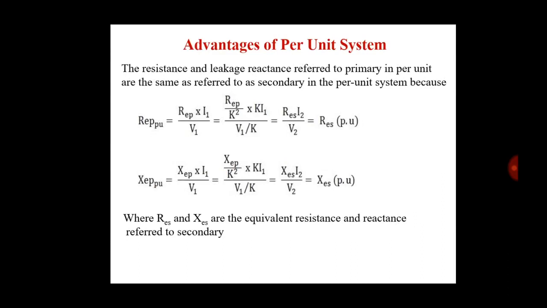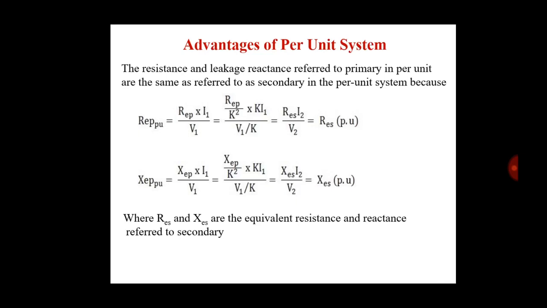Now, the resistance and leakage reactance referred to primary in per unit are the same as referred to secondary in the per unit system, because R primary per unit is equal to R primary into I1 divided by V1.